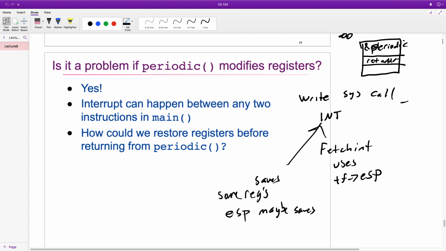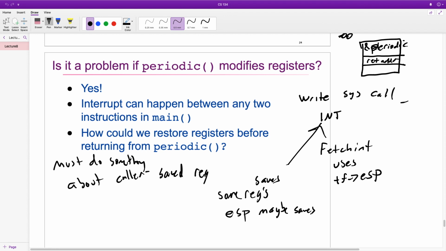So we need to do something. So we have to do something about caller saved registers. And basically, we need to save them and restore them. But who the we is here is a little unclear. Okay? It'd be a lot of work to say, hey, anytime you set an alarm handler, it's got to be compiled in such a way that it saves and restores all the registers.